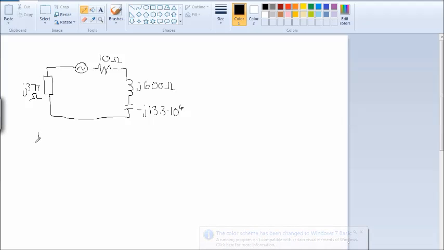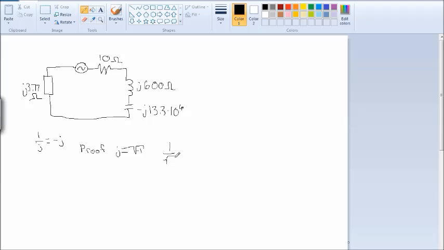So one of the rules is 1 over j is equal to negative j. Now remember, j, so here's the proof for that. Remember, j is the square root of negative 1.